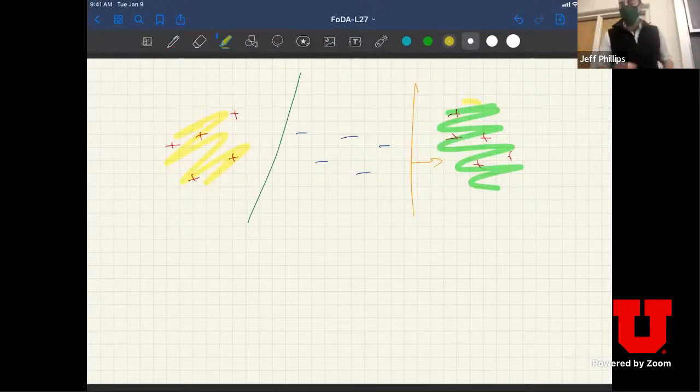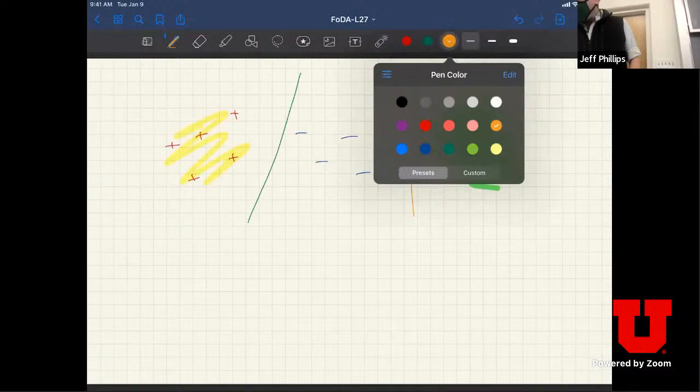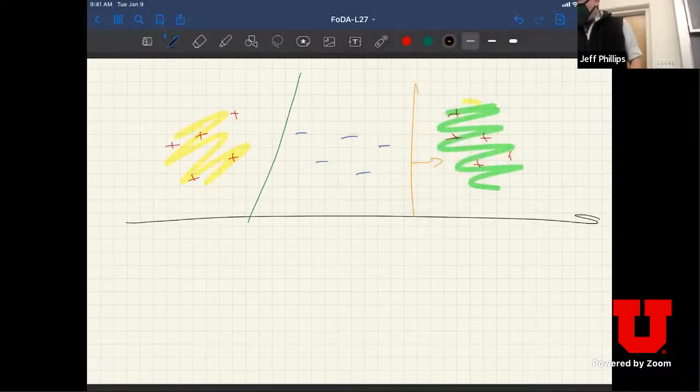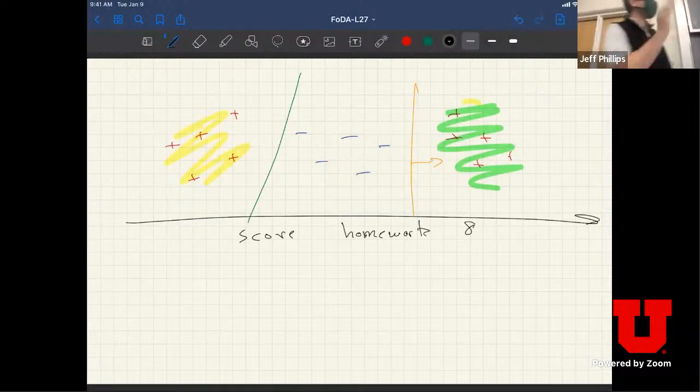For instance, I could think of this problem as representing the score on homework 8. I'll use homework 8 so you don't have worries about any of your actual homeworks. We don't have a homework 8.